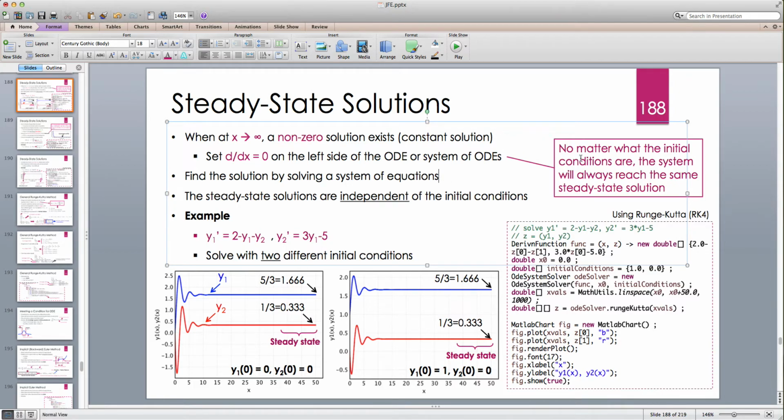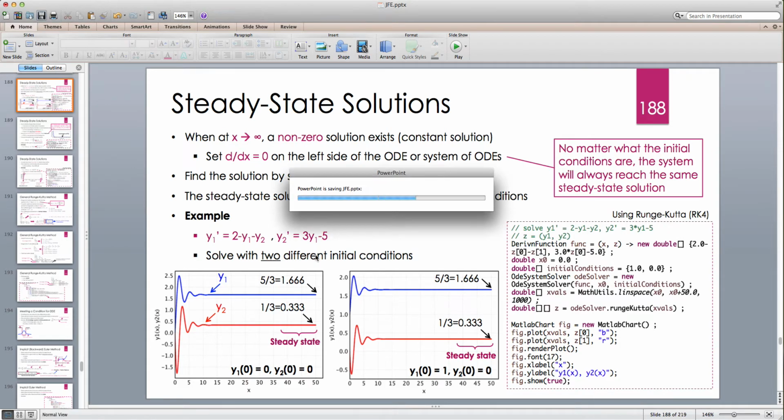But when the system reaches a steady state, the derivatives are 0 no matter what the initial conditions are, right? So we can conclude that no matter what the initial conditions are, the system will always reach the same steady state solution, and this is very important.